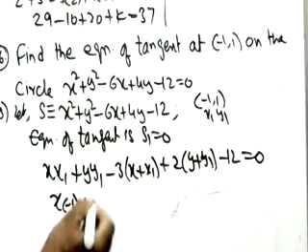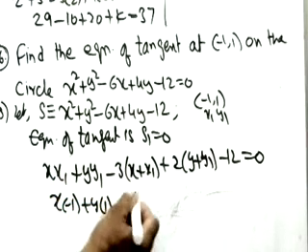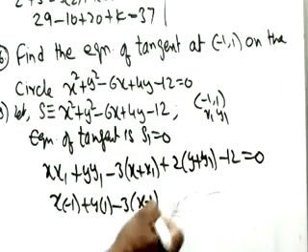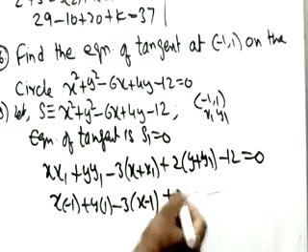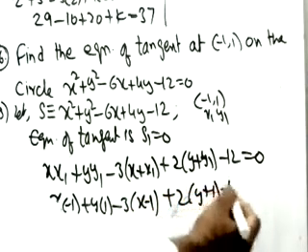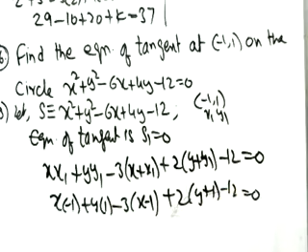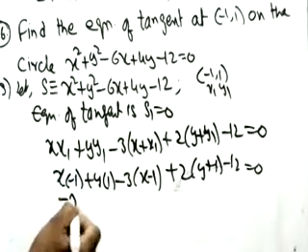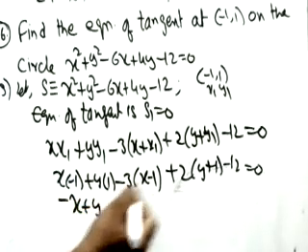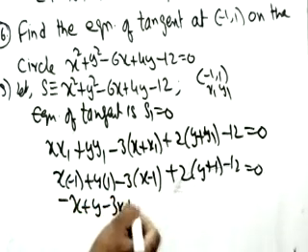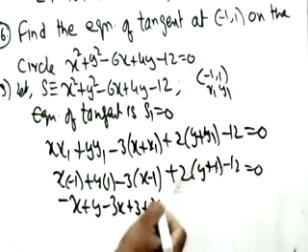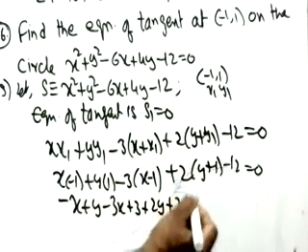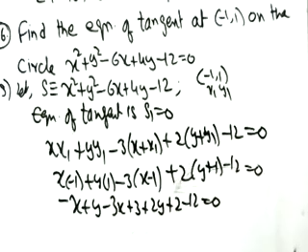Now let me substitute the values. X into x1 is minus 1, plus y into y1 is 1, minus 3 into x plus x1 is minus 1, plus 2 into y plus y1 is 1, minus 12 equals to 0. Now let me solve these values. Minus 3x minus 1 is plus 3, plus 2 into y is 2y, plus 2 into 1 is 2, minus 12 equals to 0.